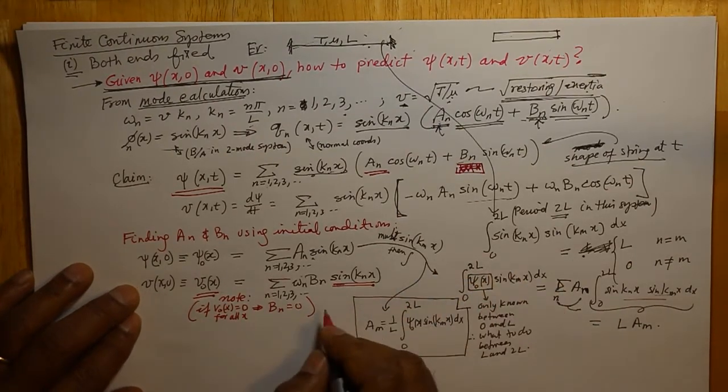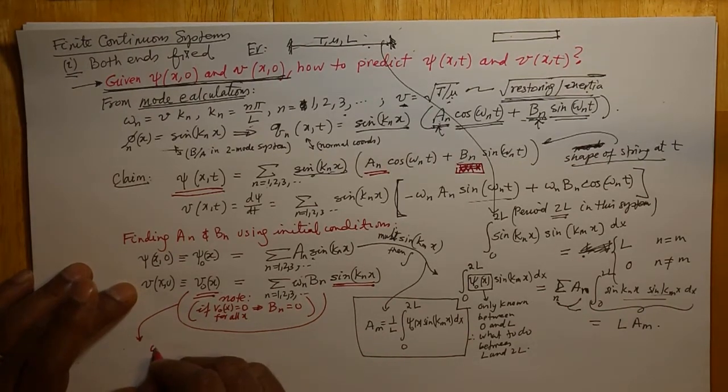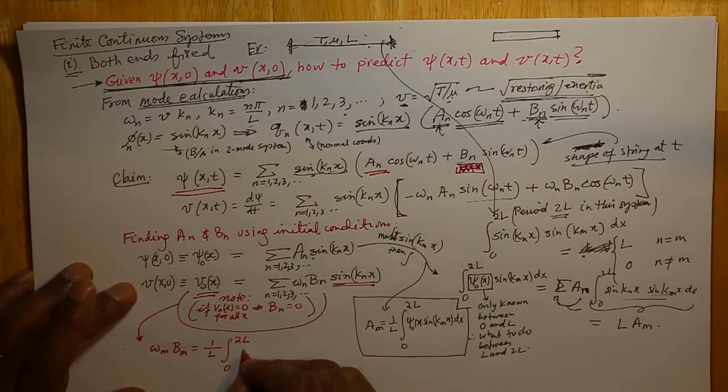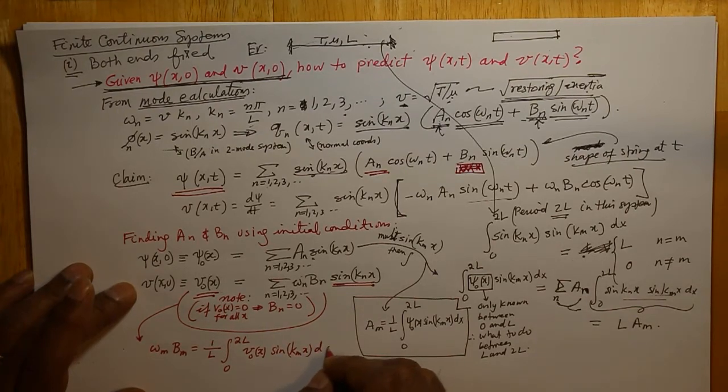But if v0 is some function, then I do exactly the same trick. I'll get omega m bm is going to be 1 over L times the integral from 0 to 2L of v0 x sine km x dx.